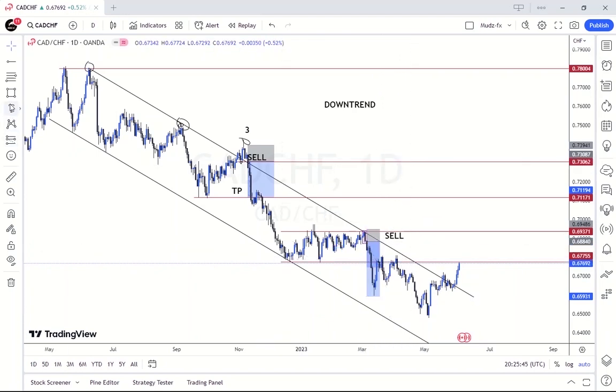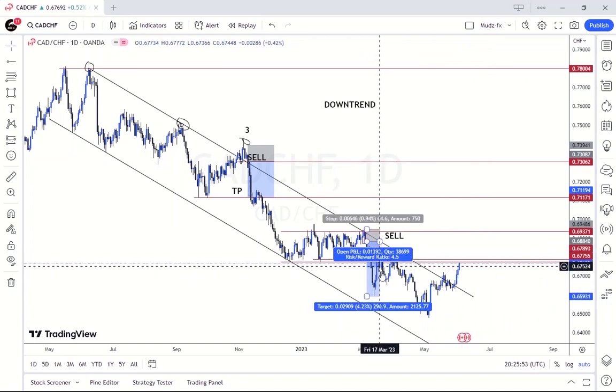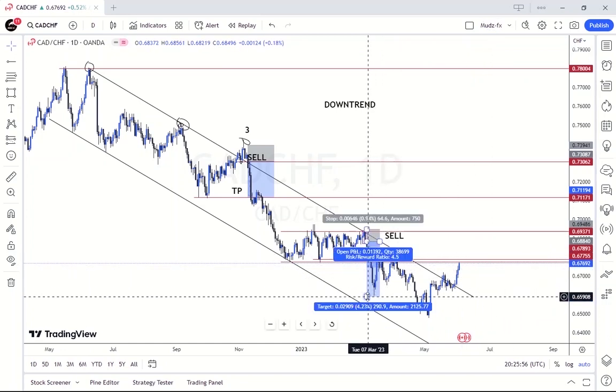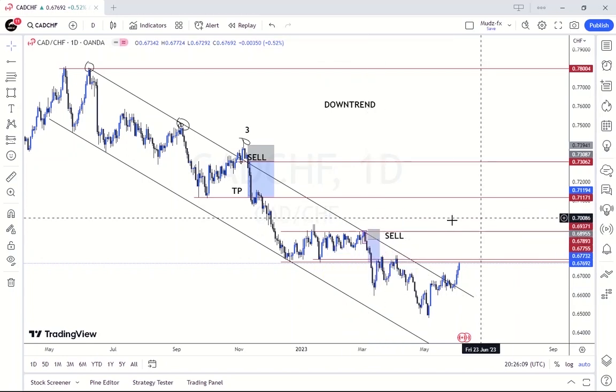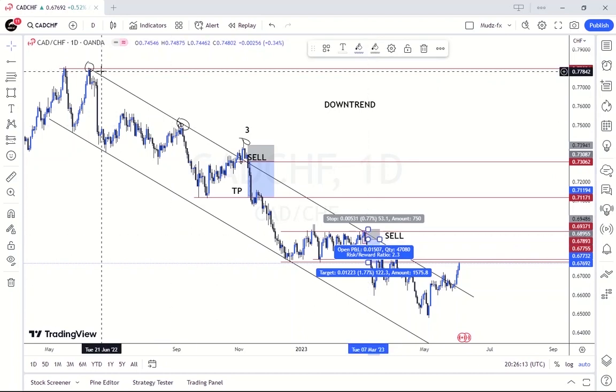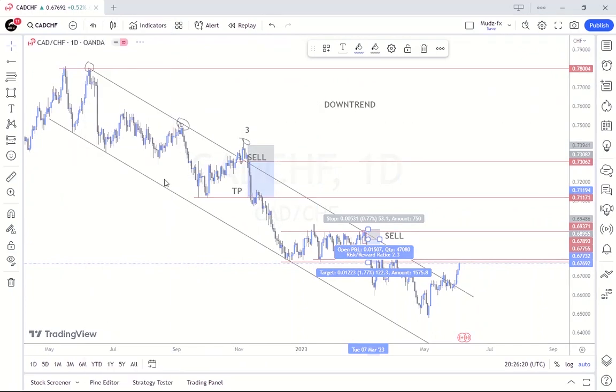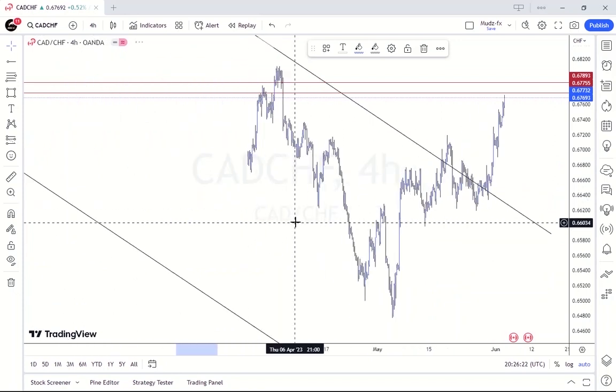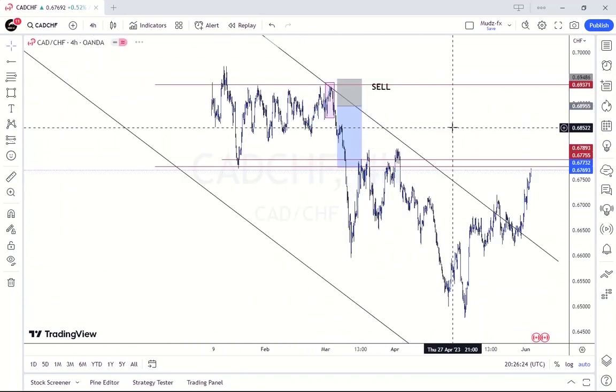A signal like this is gonna be playing with your emotions, because you won't know whether to close or wait, right? So if you want to be very safe, what you can do is from here go down to a 4-hour time frame, and then that setup would be bigger on a 4-hour time frame.